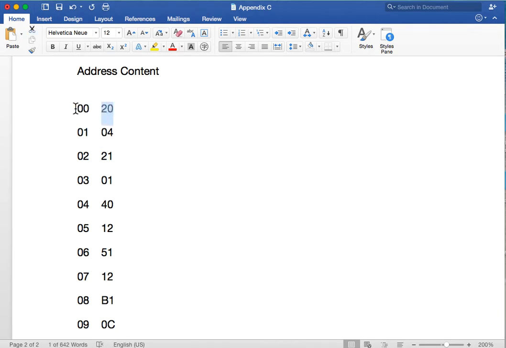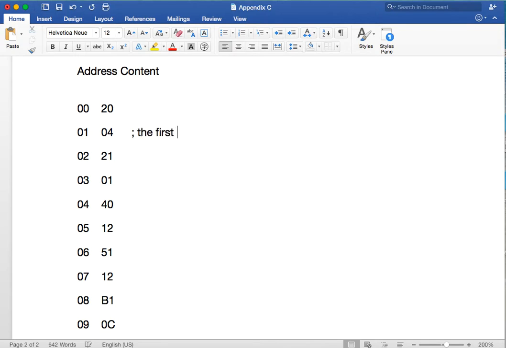So instruction 1 is stored at memory address 00. The first instruction has 2 bytes, so it is actually from 00 and 01. These 2 bytes together are 2004, right? So this tells us the first instruction.